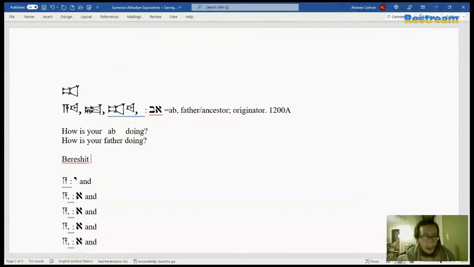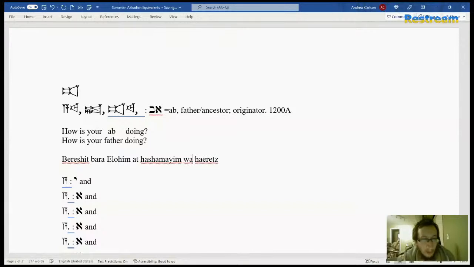Bereshit, bara, created, Elohim, God created the heavens and the earth. Ha Shemayim wa haaretz. Okay?